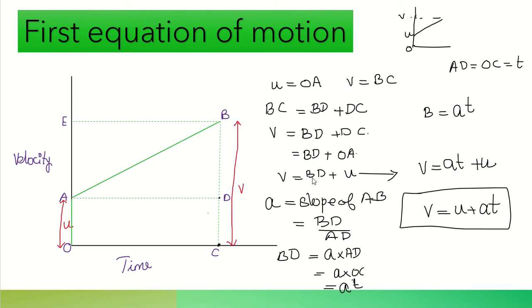To find out BD, we take the concept acceleration is equal to slope of the graph. The slope is BD by AD. AD is equal to OC because they are parallel sides of the rectangle OADC, so that is equal to time. So BD is a into t, and v equals at plus u, or v equals u plus at.